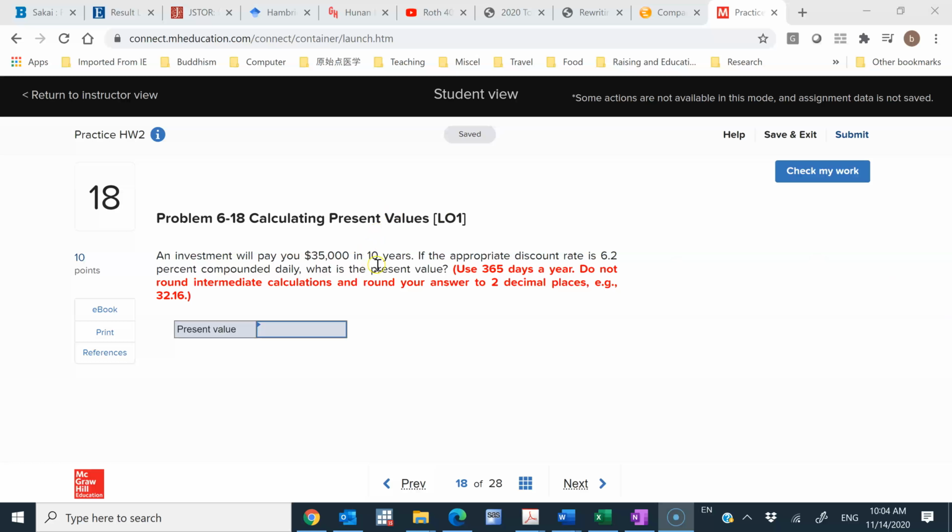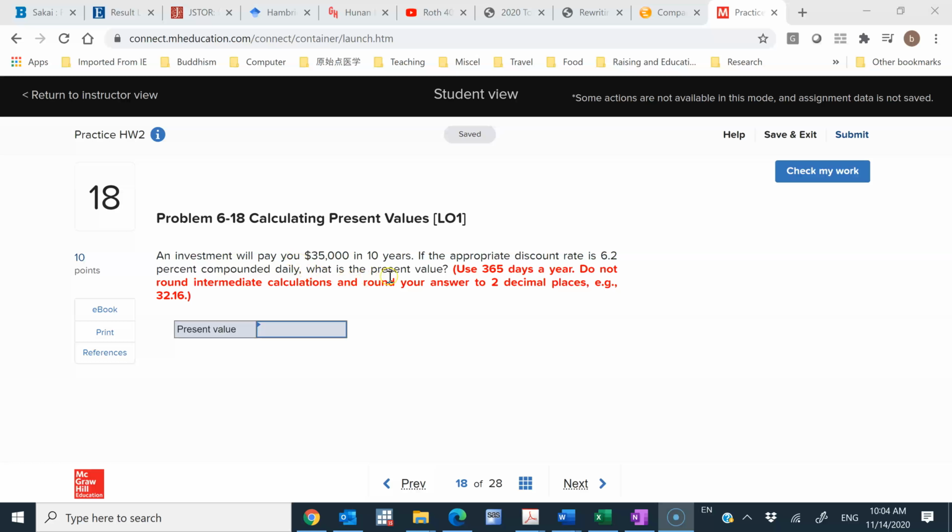So if you read the setup, it says an investment will pay you $35,000 in 10 years if the appropriate discount rate is 6.2% compounded daily. So this means 6.2% is the APR, the annual percentage rate. But this compounding period is daily.